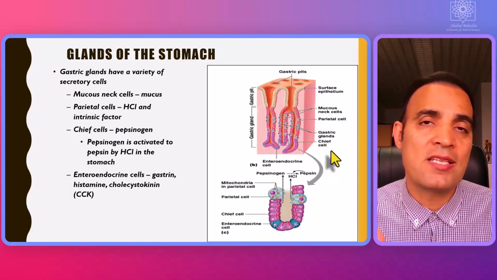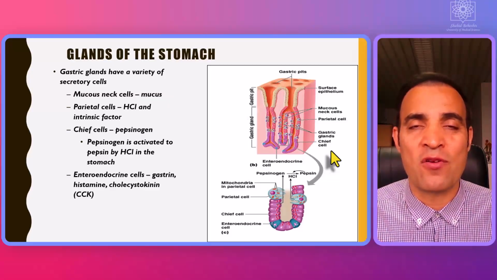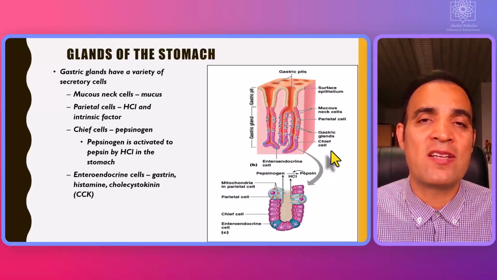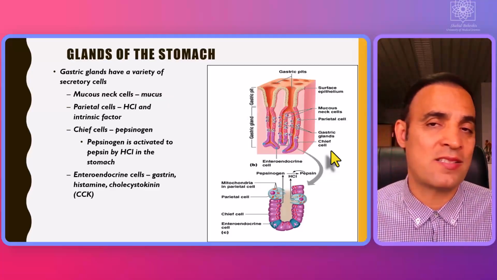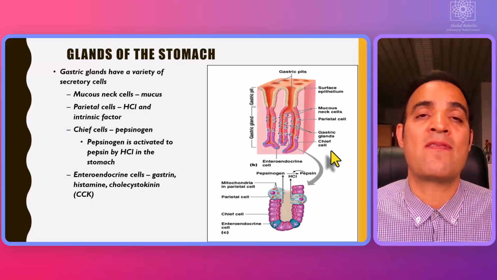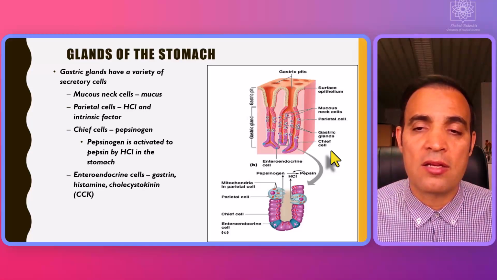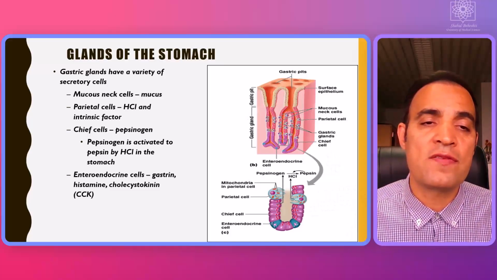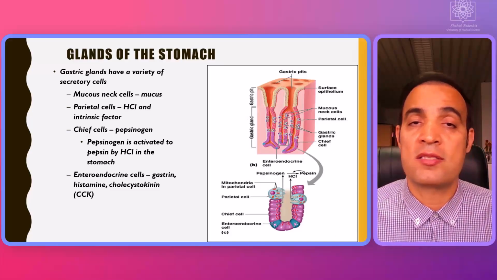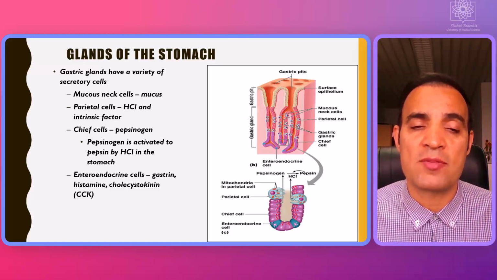In fact, pepsinogen is an inactive form that will be activated in the presence of acid. It is important. The presence of acid is important. The chief cell, therefore, is responsible for enzyme secretion.